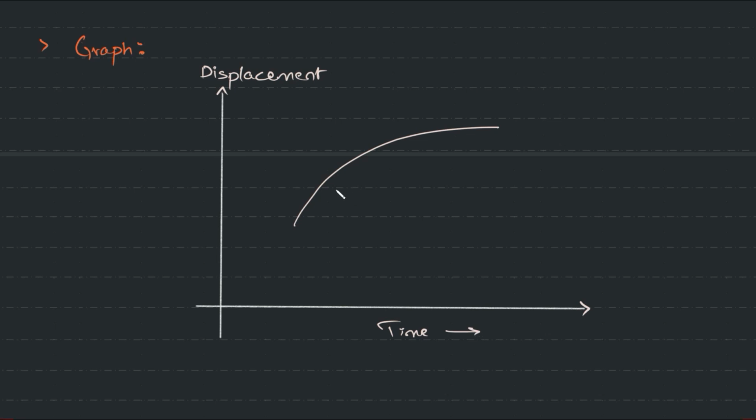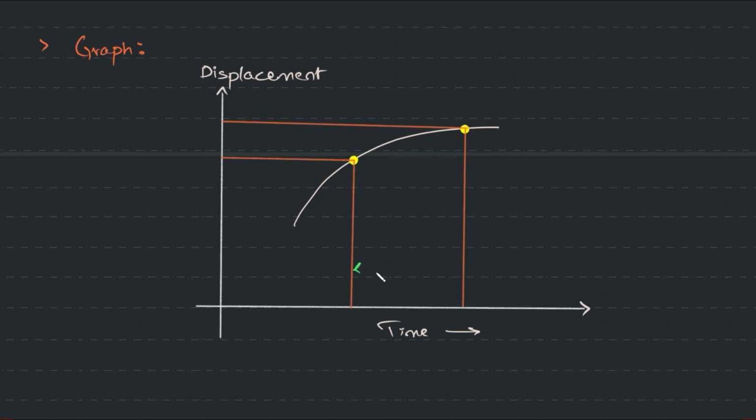If I want to know the velocity at a particular point, first I need to know the initial time and the final time, and see what the displacement is at those moments.